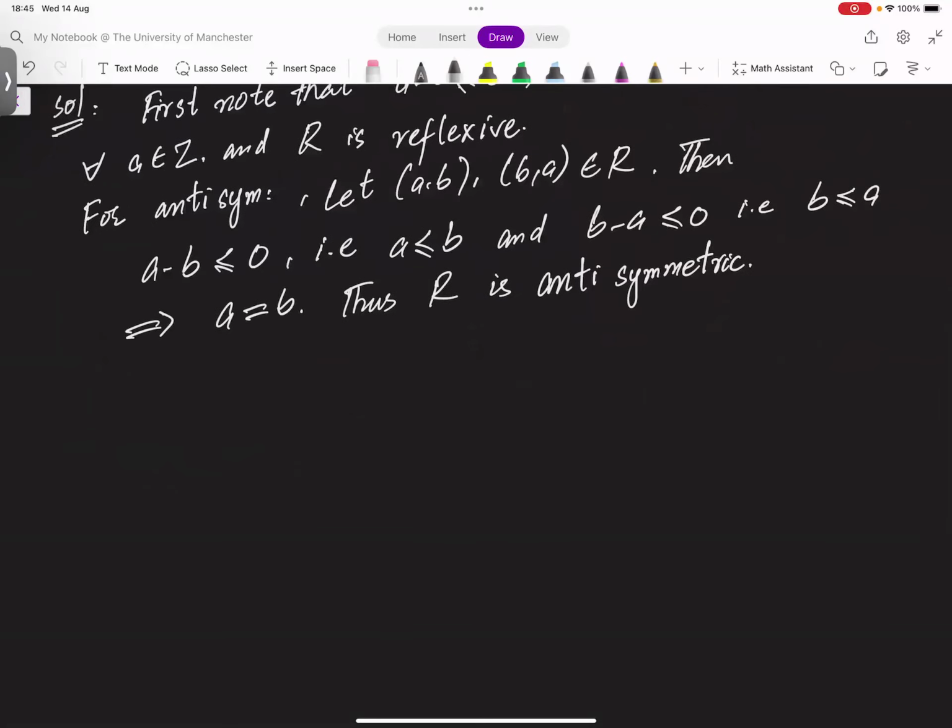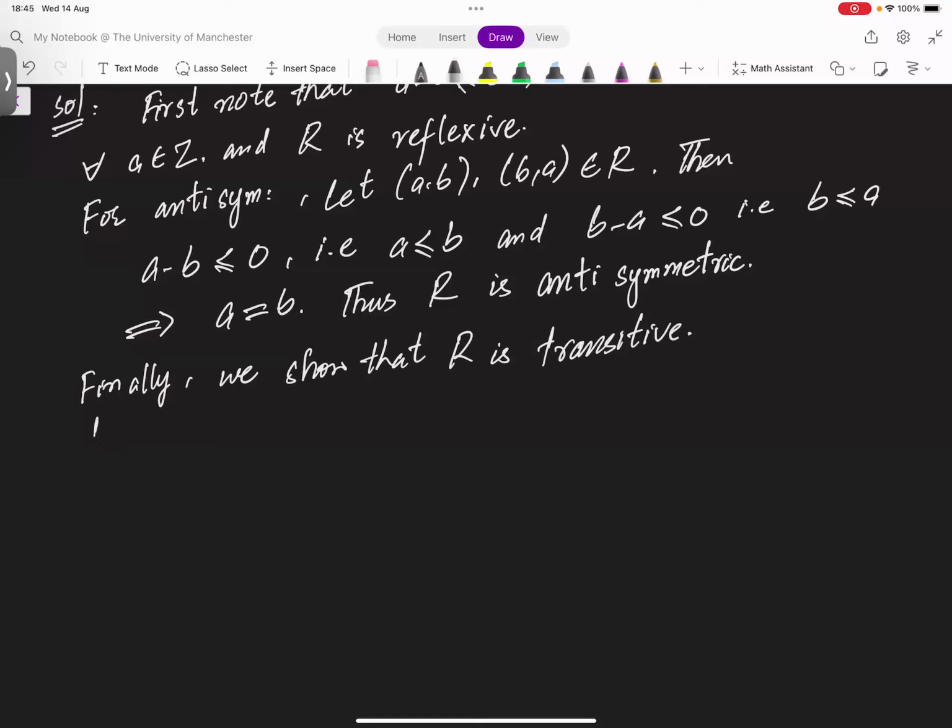And finally, we show that R is transitive.